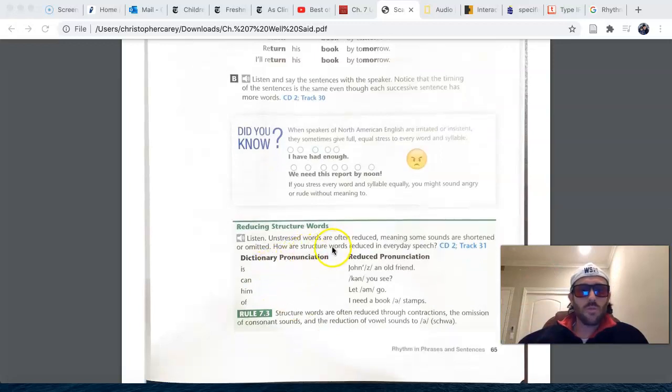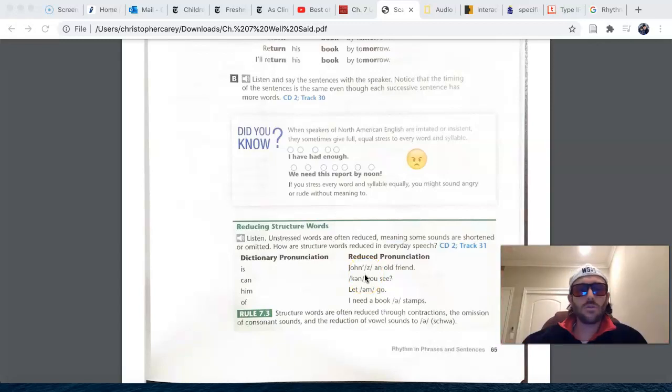So unstressed words are reduced, meaning that the sound is shortened, or even sometimes the vowel sound might be omitted or taken out altogether. So dictionary pronunciation of this word is, but the vowel sound you can see here is reduced when we put it into a full sentence, right?